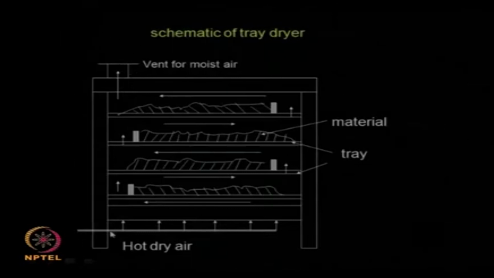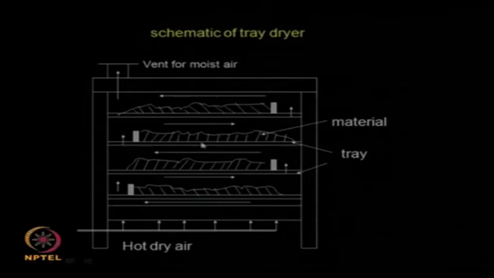So this is a typical schematic of an air tray dryer. Hot air is coming from the bottom. So how do you heat the air? There could be an external heater, electrical, or it could be hot water heating up the air, and there could be a dehumidifier. This air comes in contact with the solid material which is placed on trays.